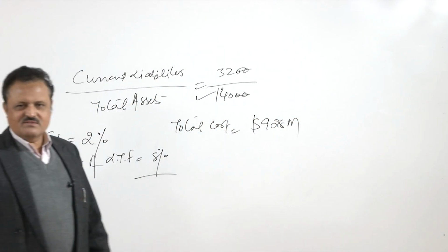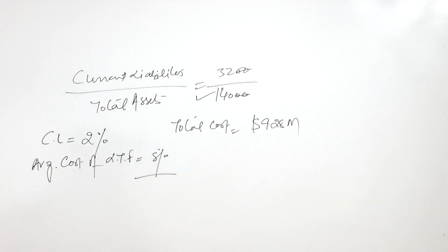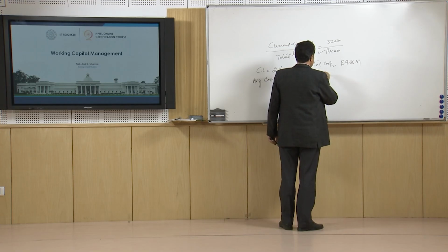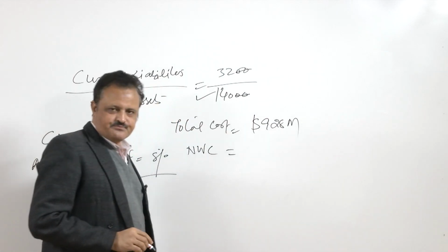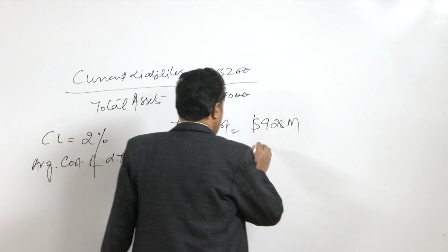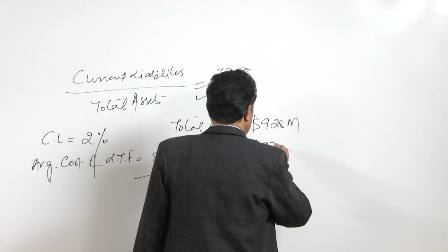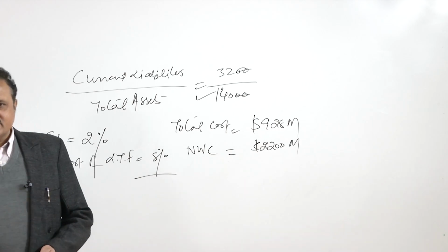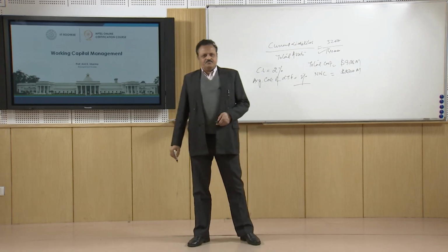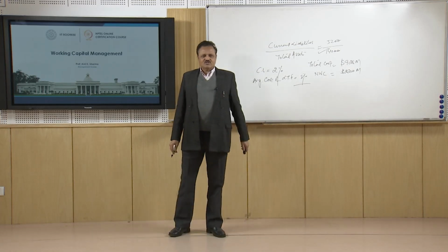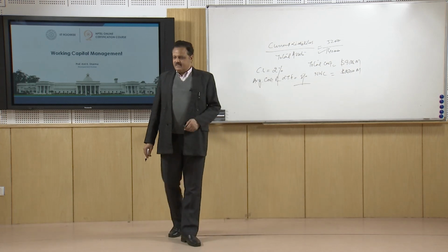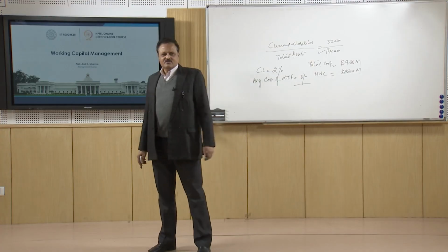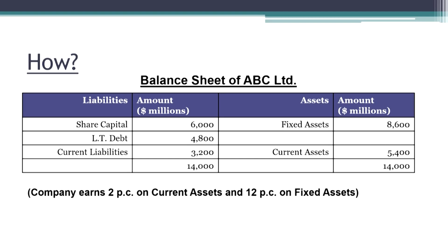$928 million we have calculated, and the net working capital, NWC, we have calculated is $2,200 million. How we have calculated it: in the original balance sheet, your current liabilities are 3,200 and current assets are 5,400.